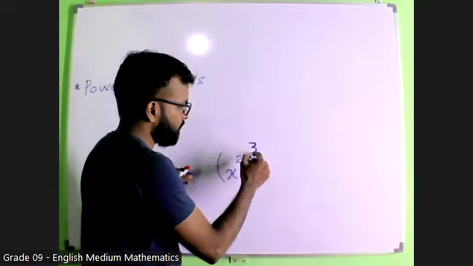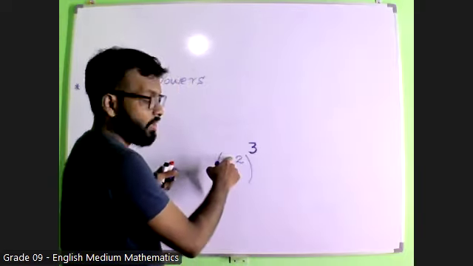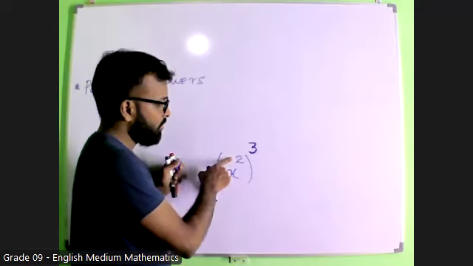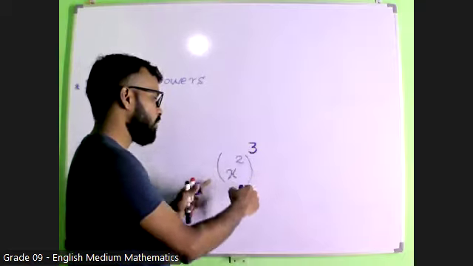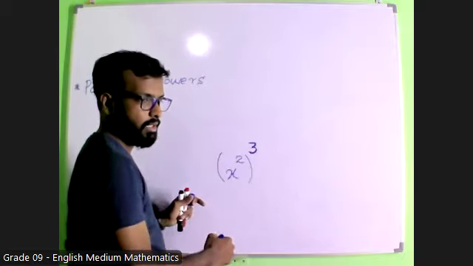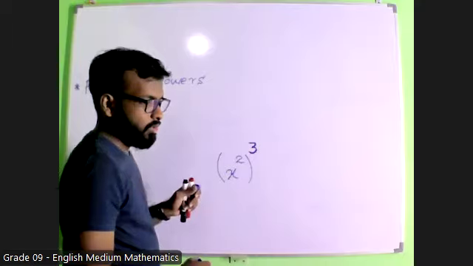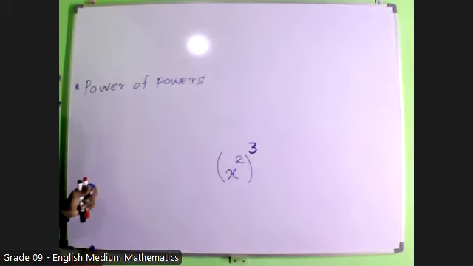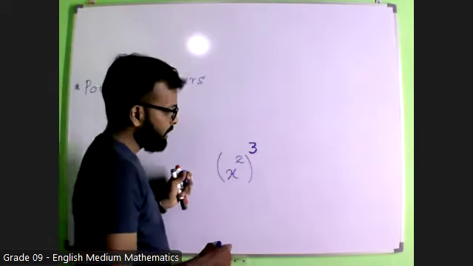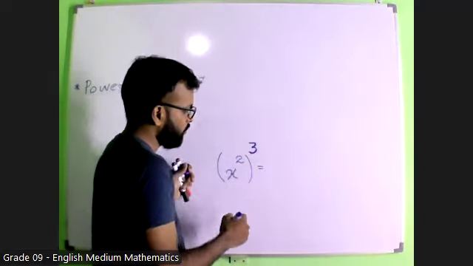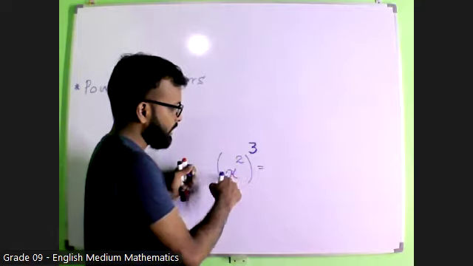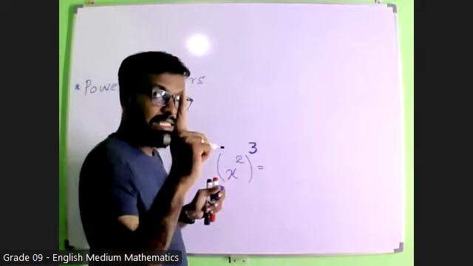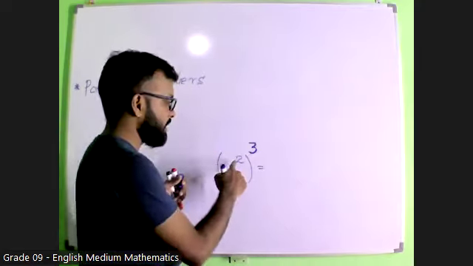So this is x to the power 2, and this power 3 belongs to this whole one. So what it means, you have to take this power as a single term.